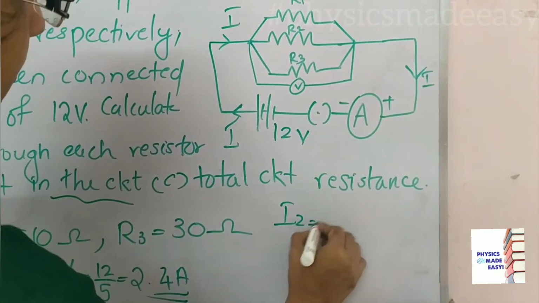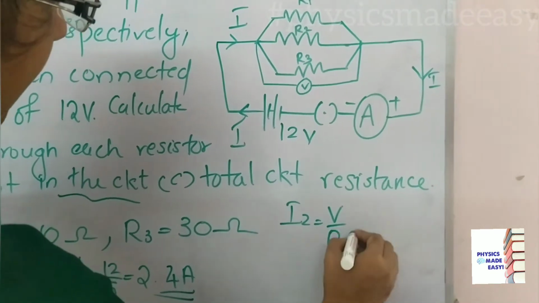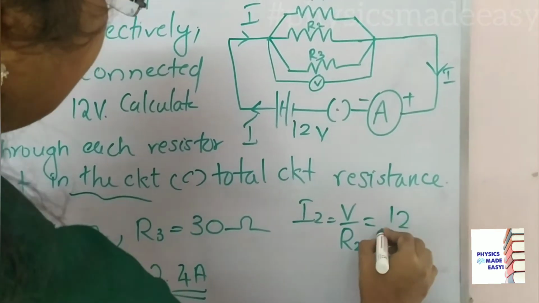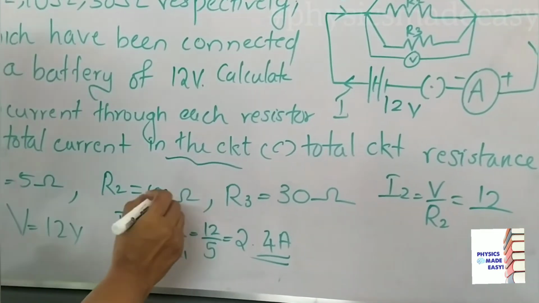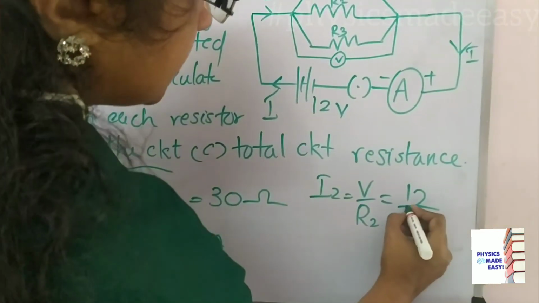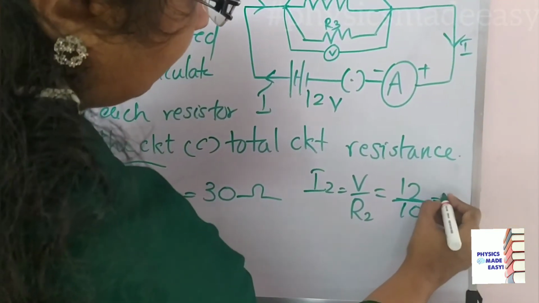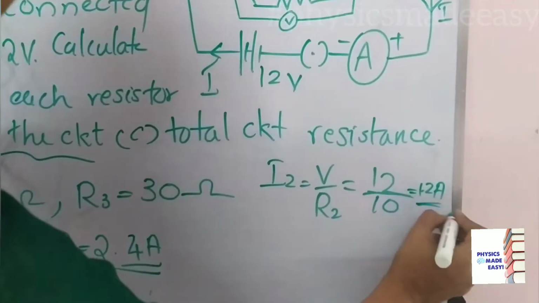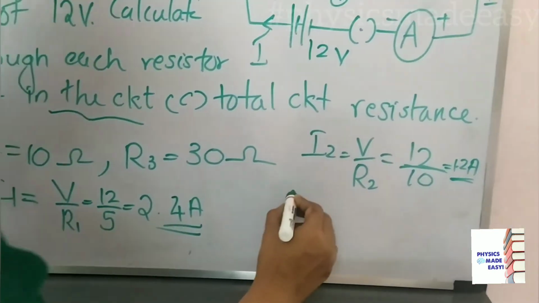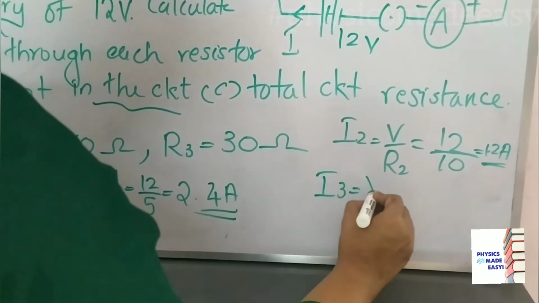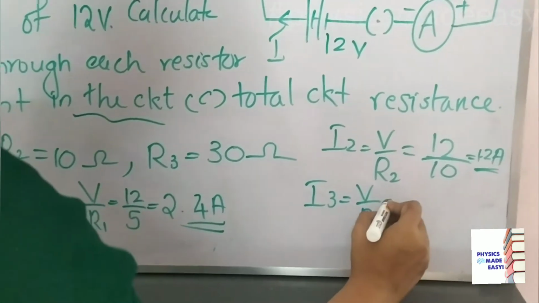Okay. Then what is the value of I2? I2 is equal to V divided by R2. What is V? 12 divided by R2 is 10. So that will be 1.2 ampere. Then the next one, I3. I3 is equal to V divided by R3.